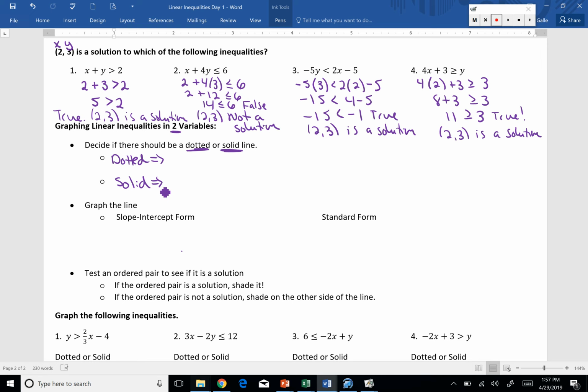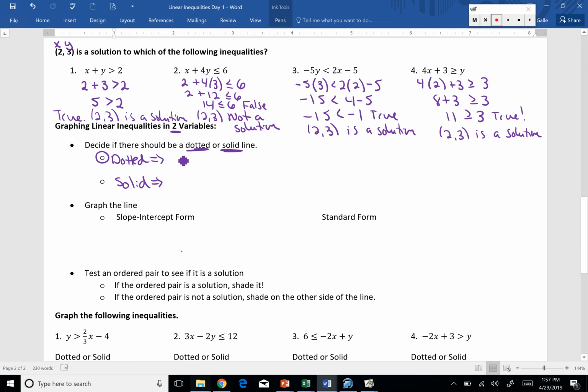When we had open circles, we didn't have an equal to. When we had closed circles, we had an equal sign. It's going to be the same idea. So a dotted line is going to be like an open circle. A dotted line is our version of an open circle when we graph.